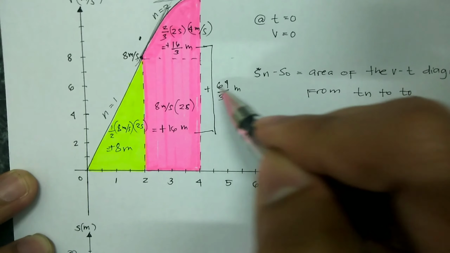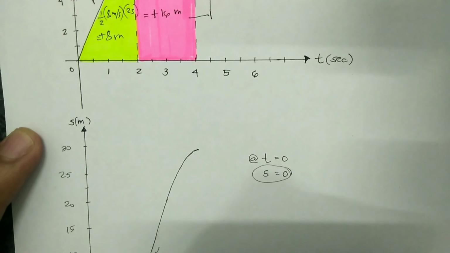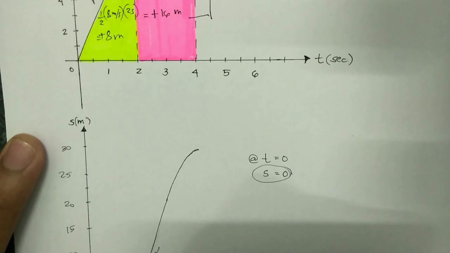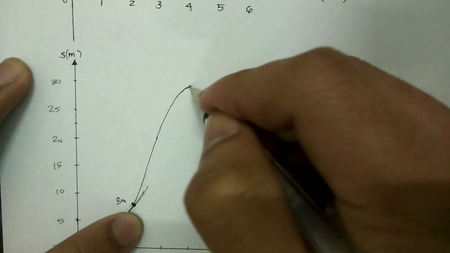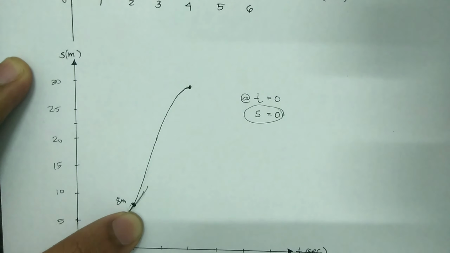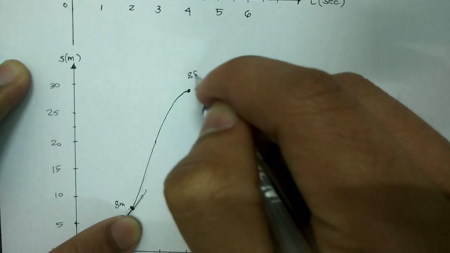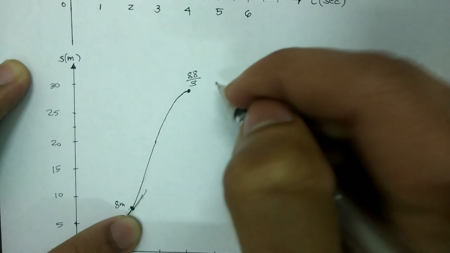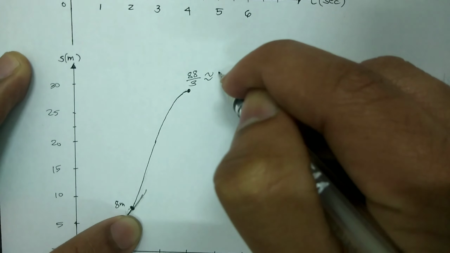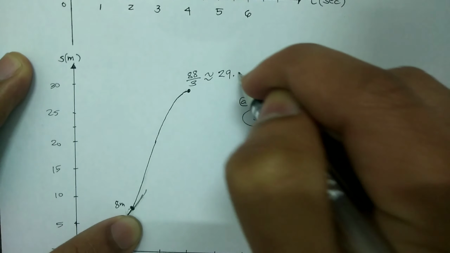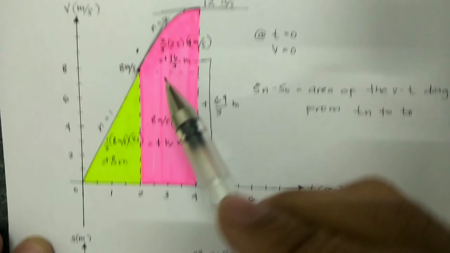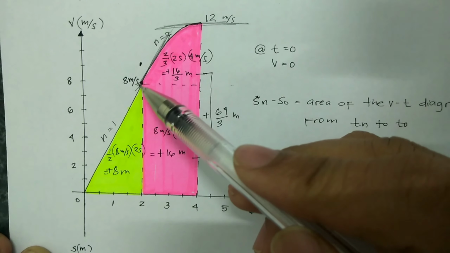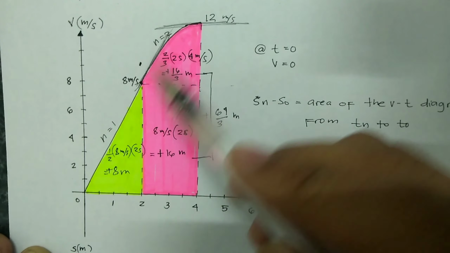And then we will add this value, positive 64 over 3, to the 8 meters. And that would be equal to this one, 88 over 3. That is almost equal to 29.33 meters. For the concavity, this one is decreasing in slope.